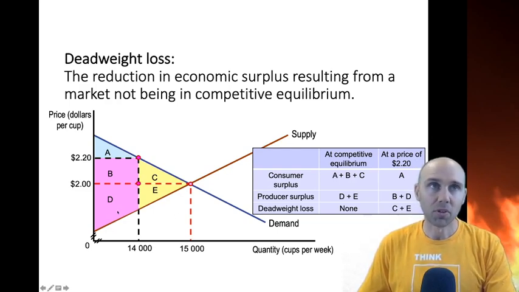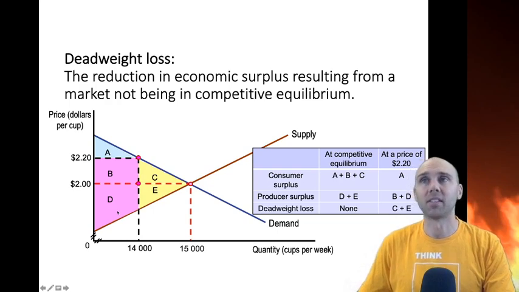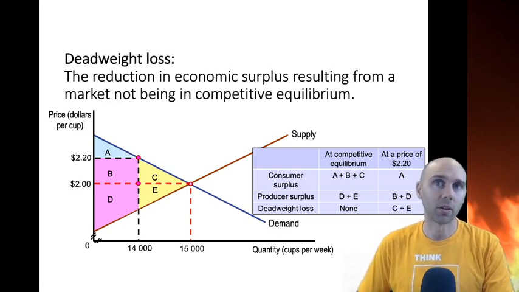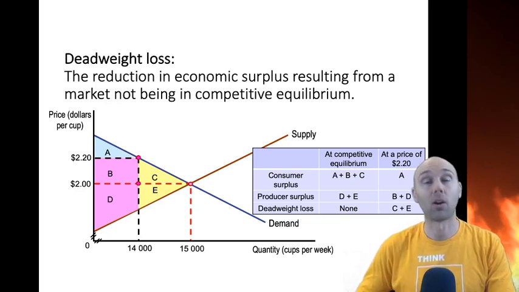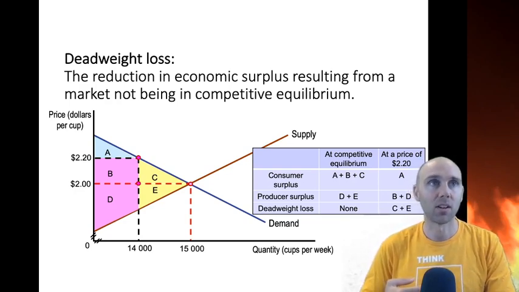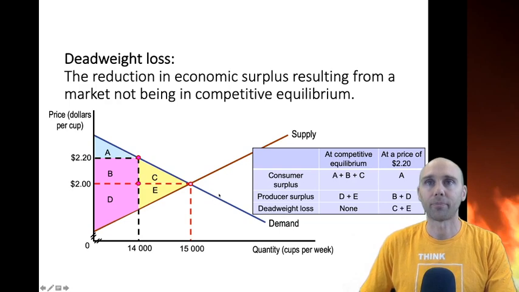Now notice that the producers might actually be better off in this example. The consumers are definitely worse off. It is possible for one side of the market to be better off from government intervention. But overall, we can definitely say that the total surplus has decreased.